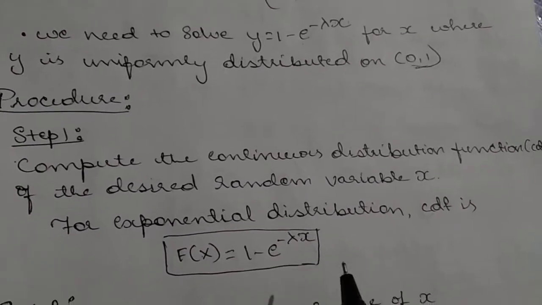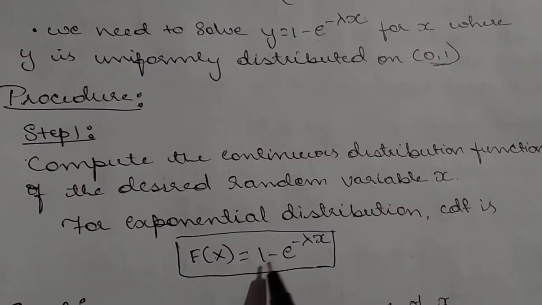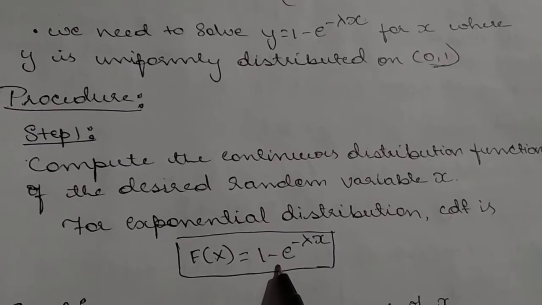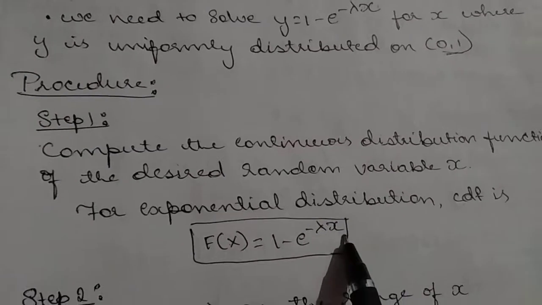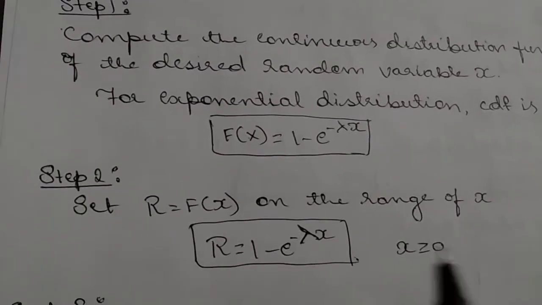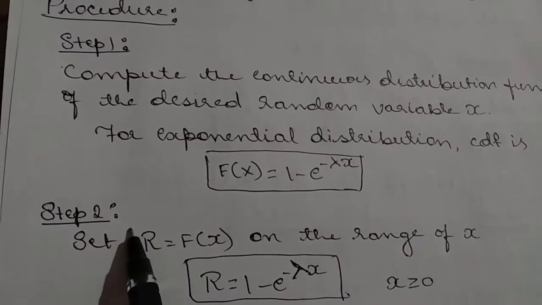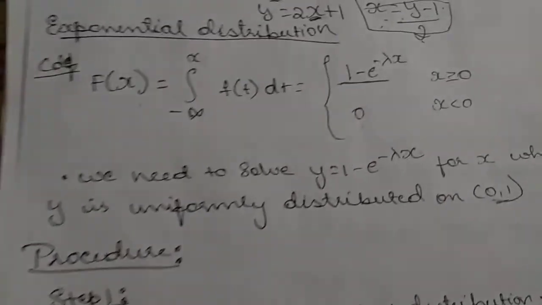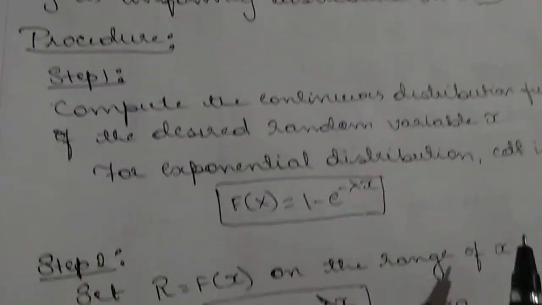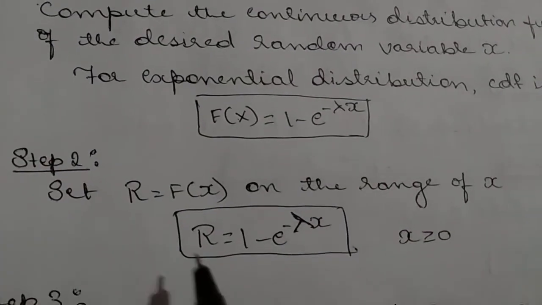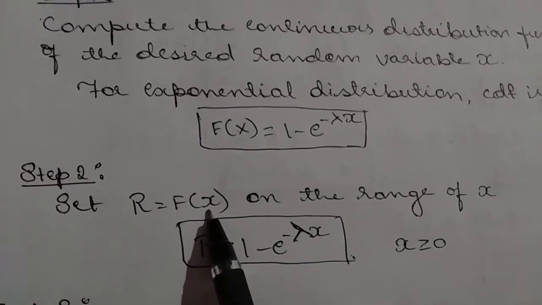So you know the function, f of x is equal to, we know the distribution, exponential distribution, that is 1 minus e power minus lambda x. Next, step 2: you have to assign r is equal to f of x. In the beginning I told you, you have to define it with respect to r. So in step 2, I am defining it with respect to r. R is equal to f of x.